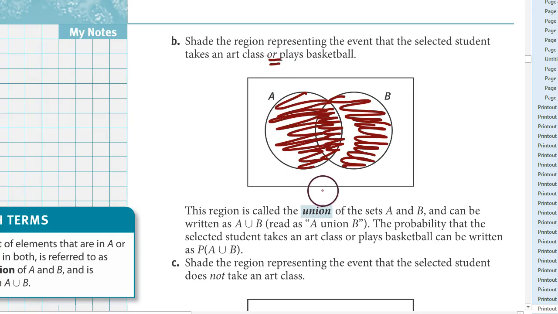Using the word or shows a union of two sets, and the symbol for union is this symbol, which looks like a U. Notice that this is the same as the previous symbol but upside down. So the one that looks like a U is for union, and the one that's upside down is for intersection.